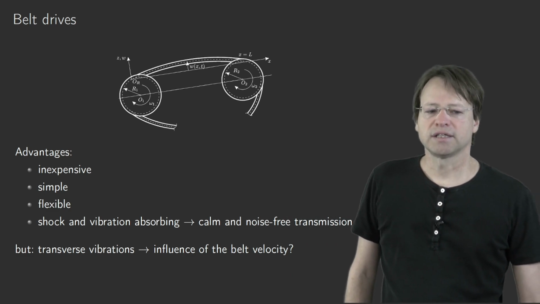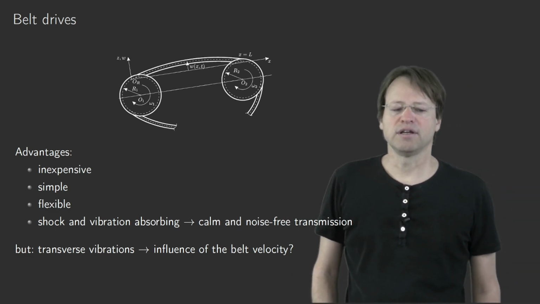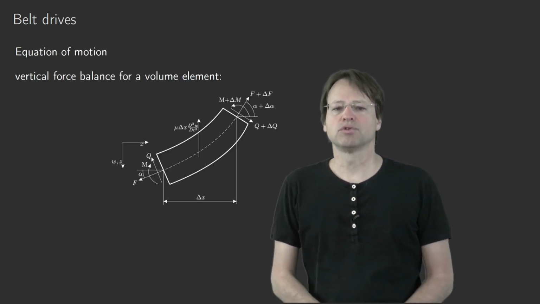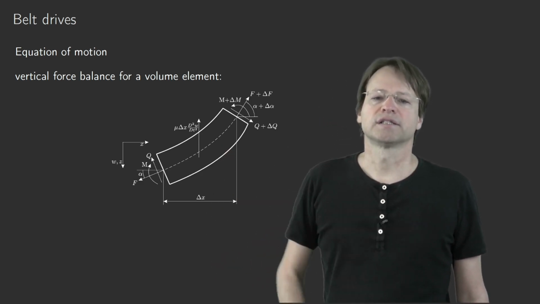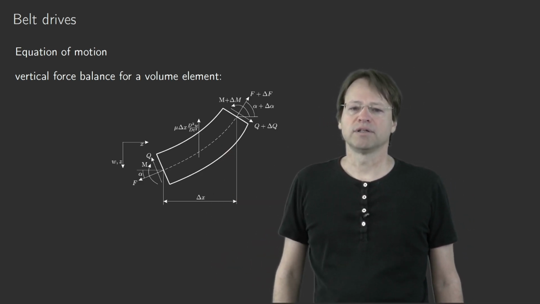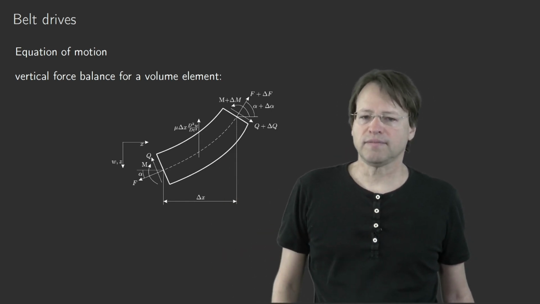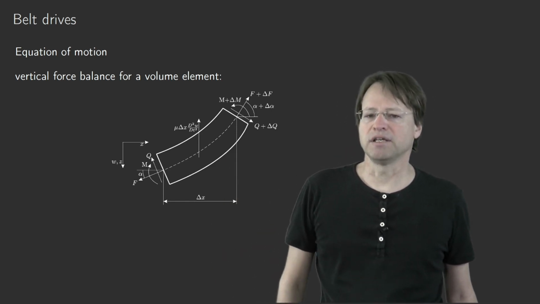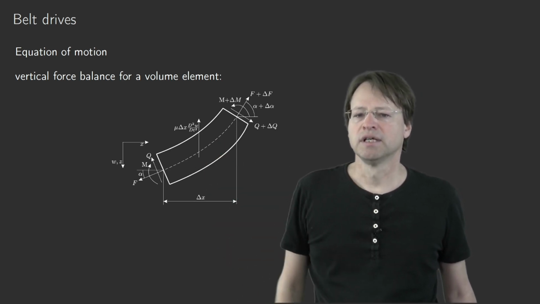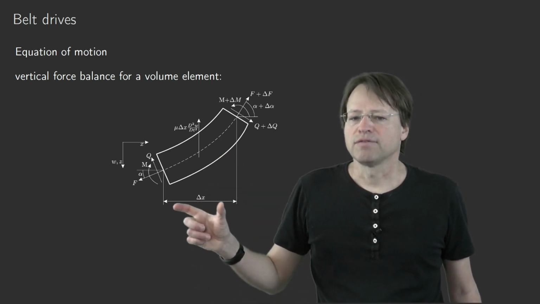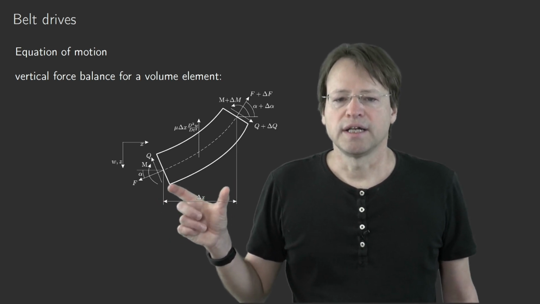So let's start with the derivation of the equations of motion, and for this we study again a small volume element of that belt. It's similar to a bending beam element. You have that element. It will have a length of delta x.